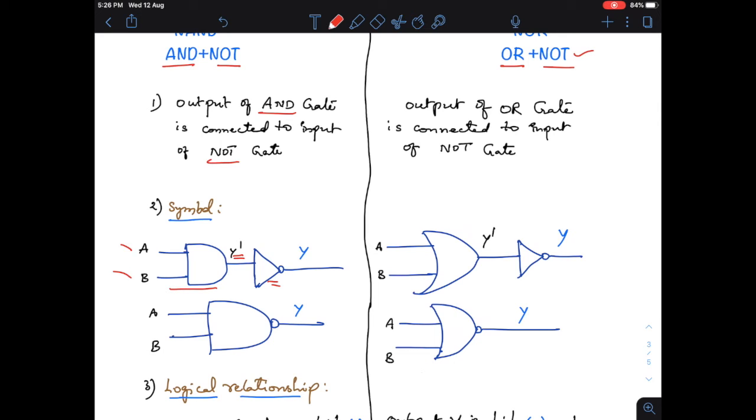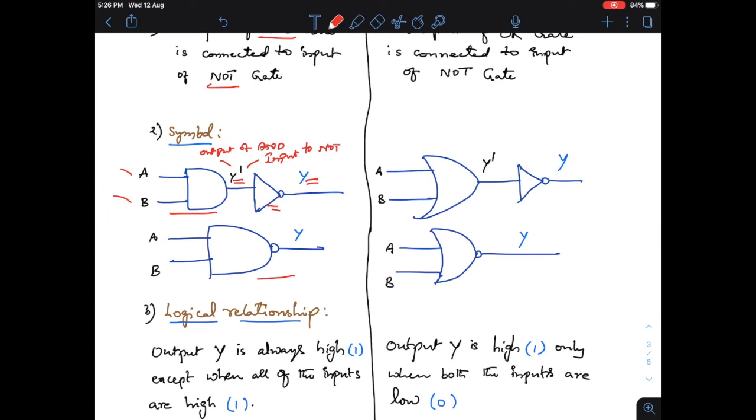The output of the NOT gate is Y. So, when I combine this, you can draw the symbol like this. You have two inputs A and B, and because it is AND gate followed by NOT, I have the AND gate symbol and you have a bubble here. The bubble is because it is followed by the NOT gate.